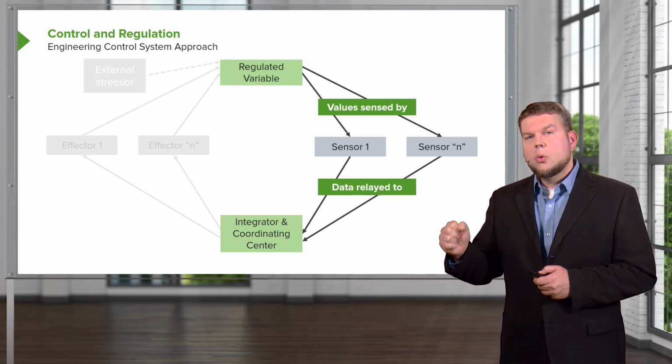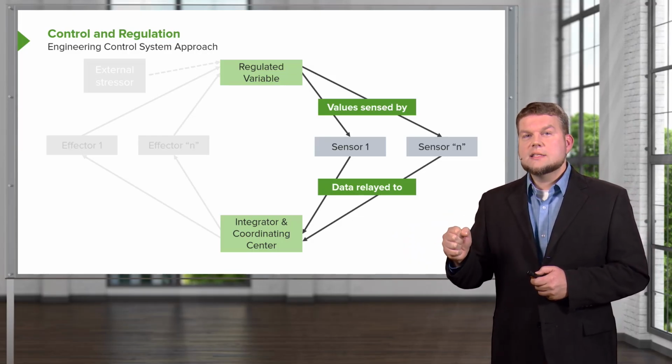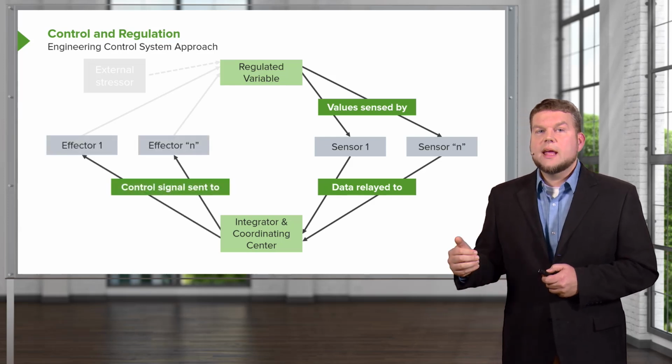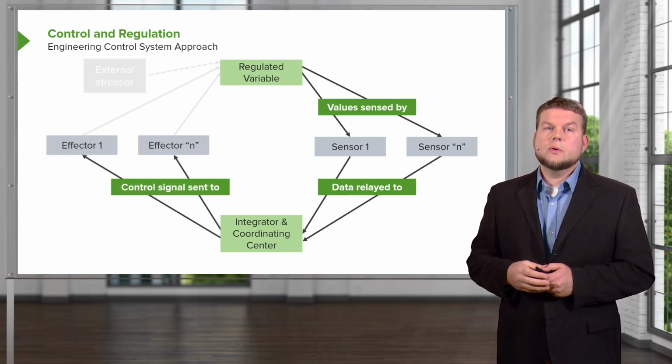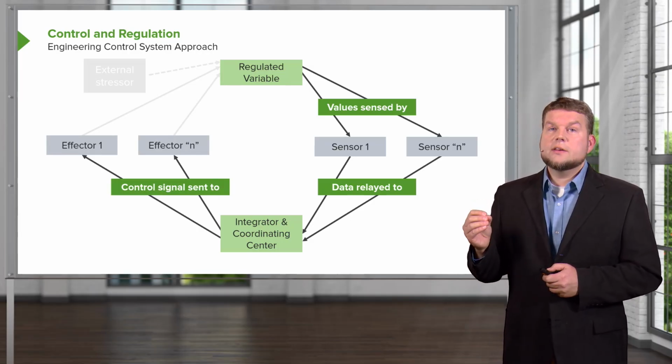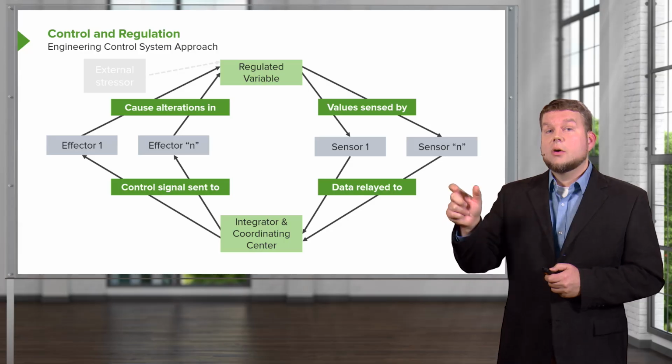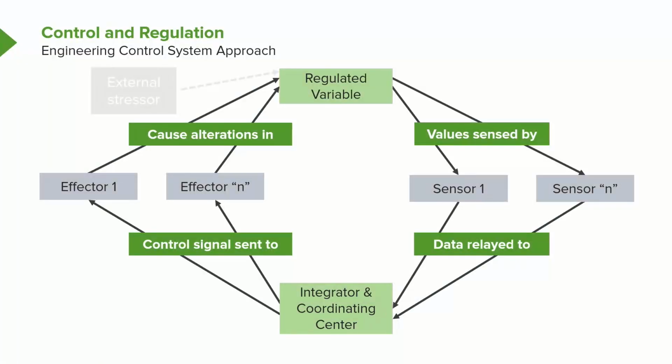And that is going to coordinate our response to that change that happened to our regulated variable. And that signal is then sent to effectors, and these effectors are going to be able to then change or cause an alteration in our regulated variable.